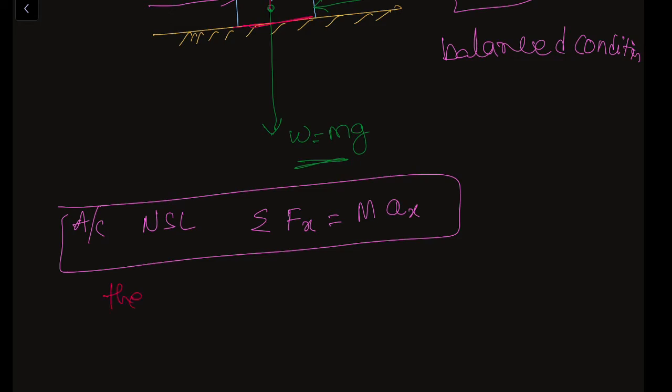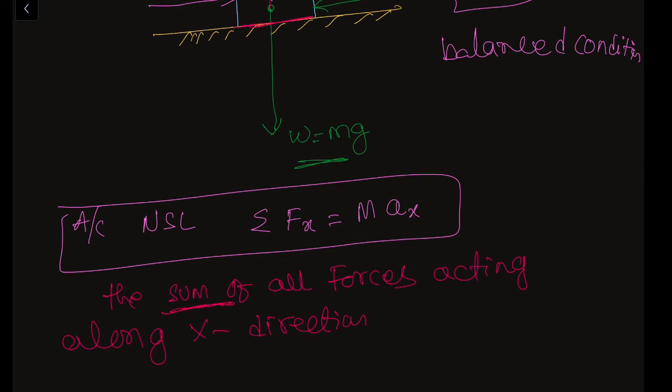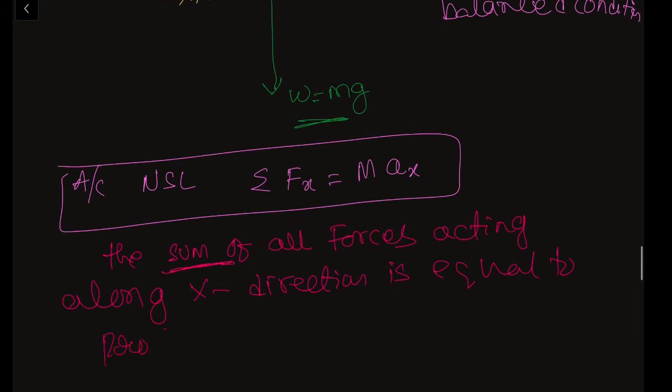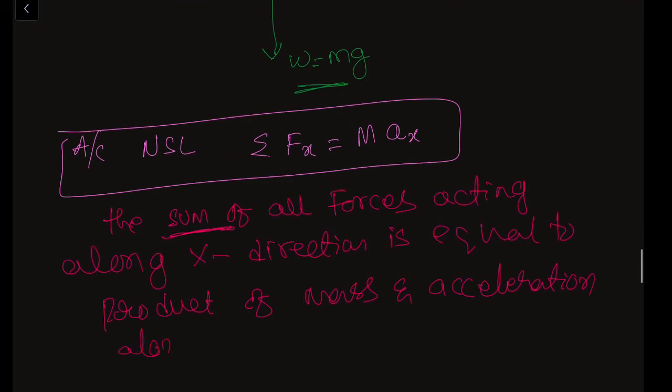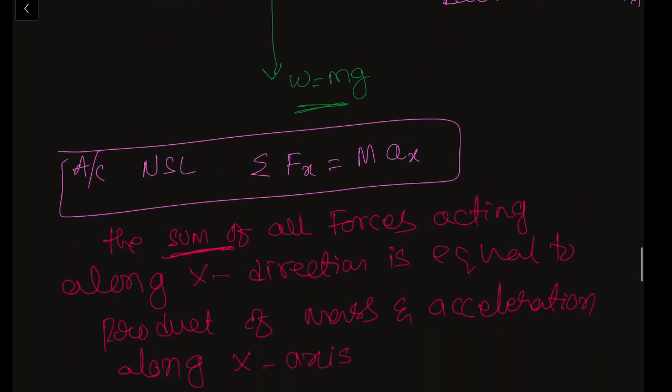So the sum of all forces acting along the x direction, the algebraic sum, is equal to the product of mass and acceleration along the x-axis. Got it, children?